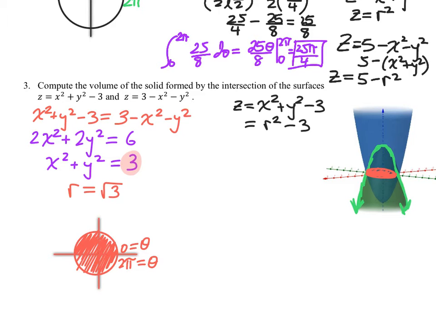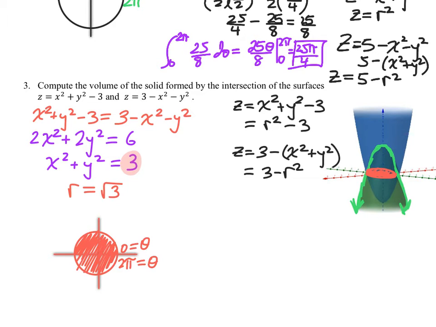And the other piece would be z equals 3 minus, I'm going to cut the step here and just factor out the negative, z equals 3 minus x squared plus y squared in parentheses. So z equals 3 minus r squared. That would be our downward-facing parabola. All right, but honestly, you don't even really need to know that.